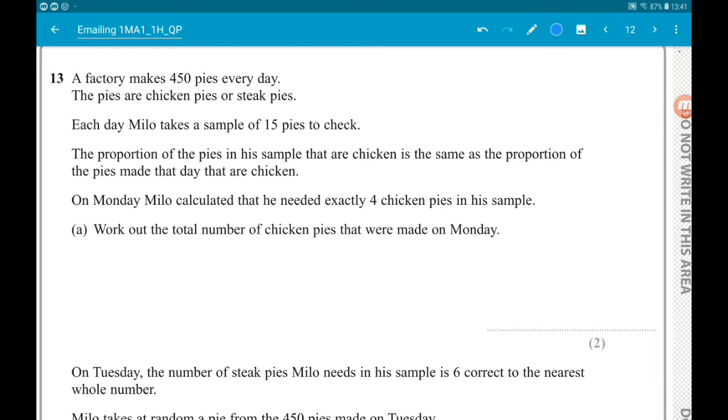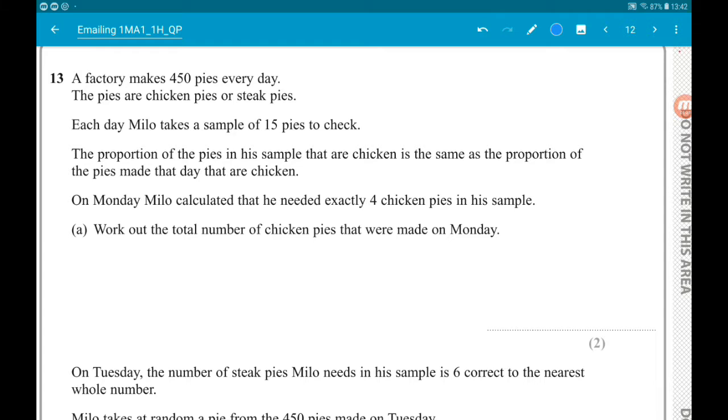So he would sample 5 chicken pies. On Monday, Milo calculated that he needed exactly 4 chicken pies in his sample. Part A wants us to work out the total number of chicken pies that were made on Monday. Okay, so if he needed 4 chicken pies in his sample, that's 4 out of 15, which means 4/15 of the pies were chicken.